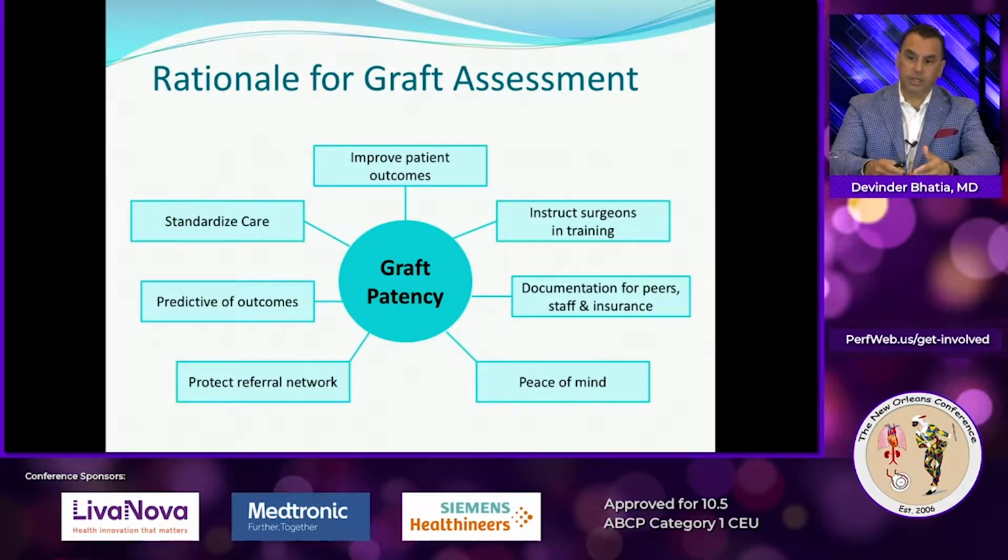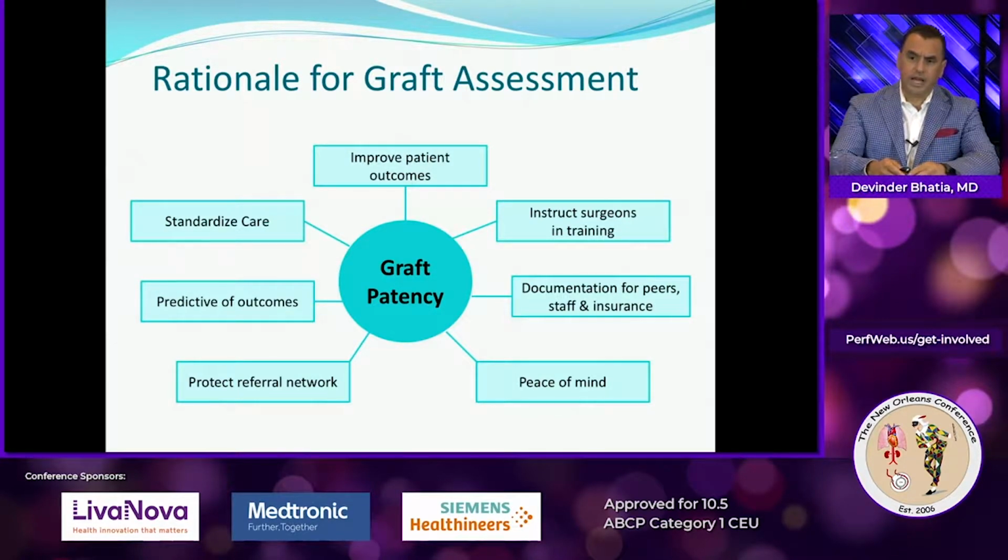It helps in teaching centers where surgeons in training who may not have the experience technically to perform a perfect anastomosis. This type of graft assessment technology would show that.